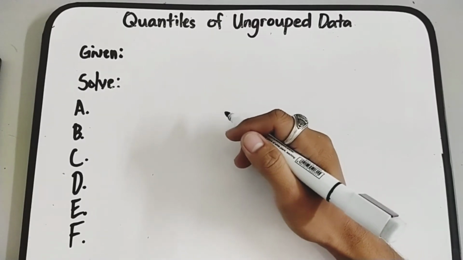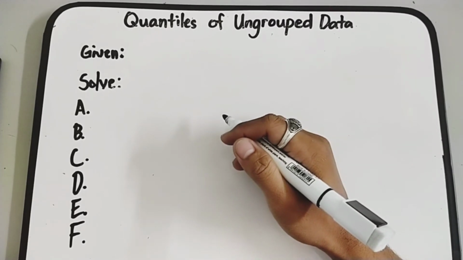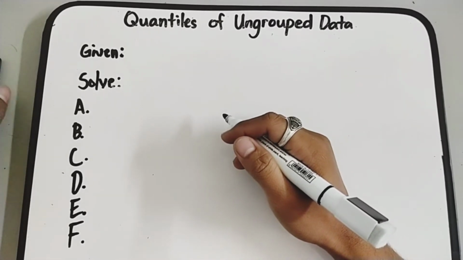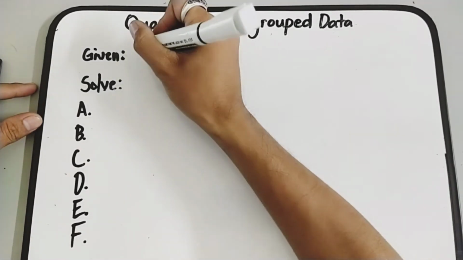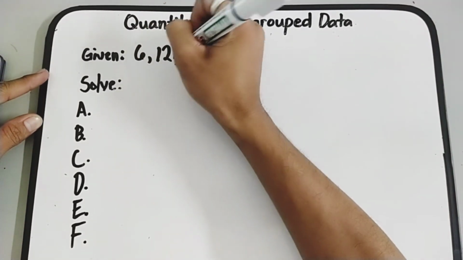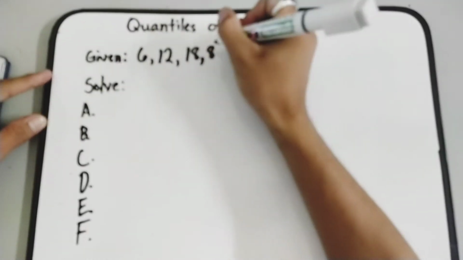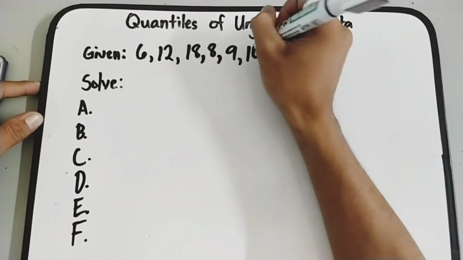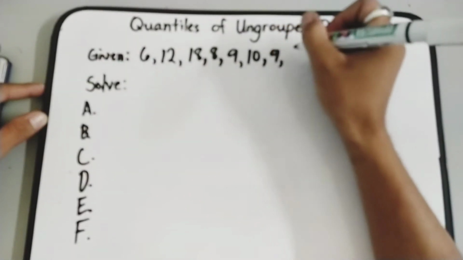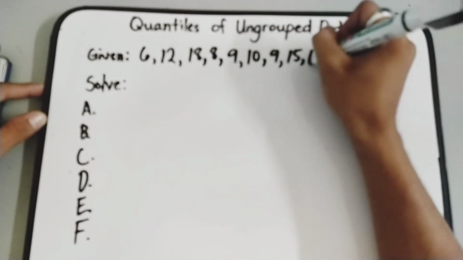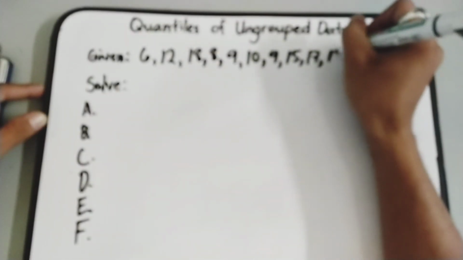Okay, in our example number 2, it says that the scores of 10 students in a 20-point math quiz are as follows. We have our given of 6, 12, 18, 8, 9, 10, 9, 15, 17, and 15.